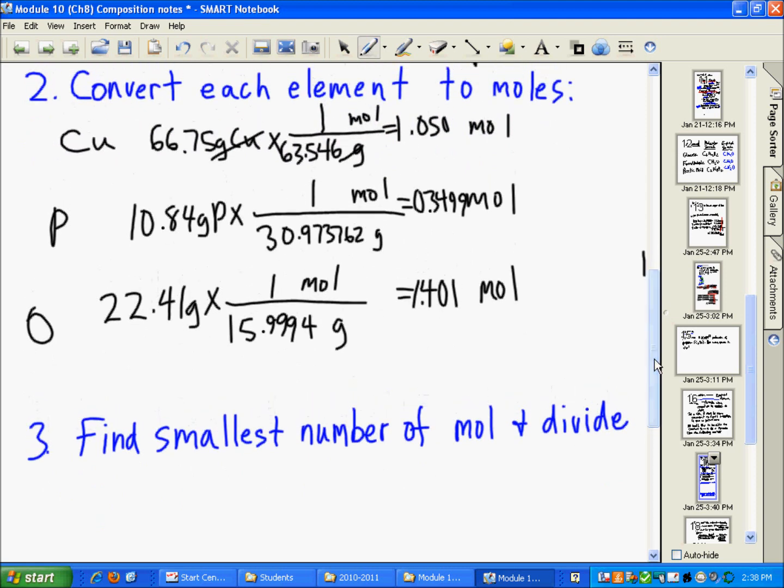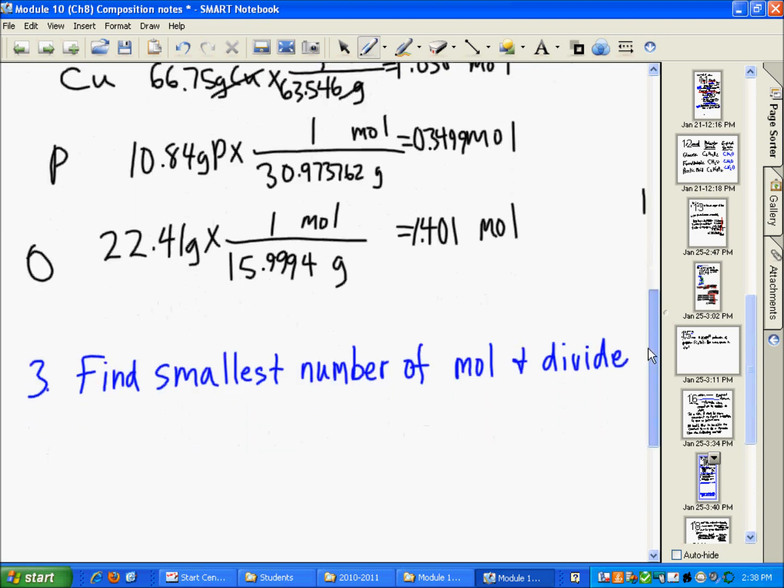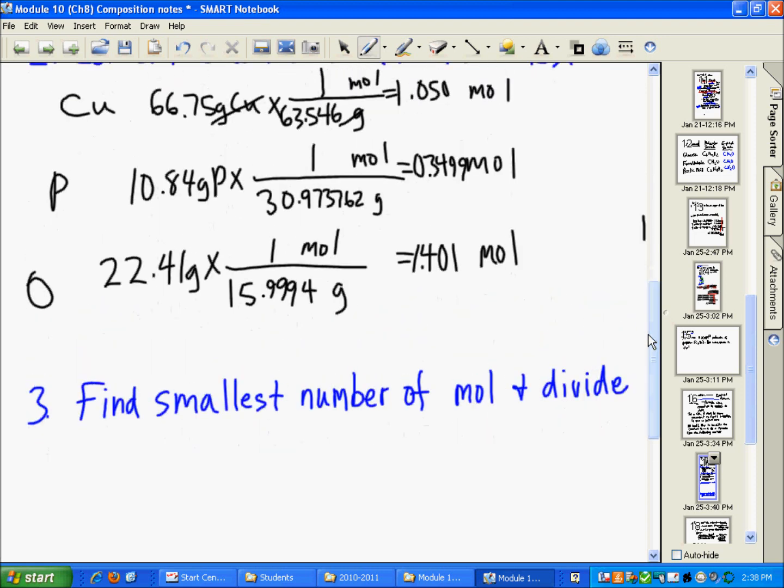Okay, so now what we do is find the smallest number of moles, and that's our 0.3499. Now we divide each number of moles by 0.3499. So for copper, we take our 1.050 mole and divide by the little one, 0.3499 mole.